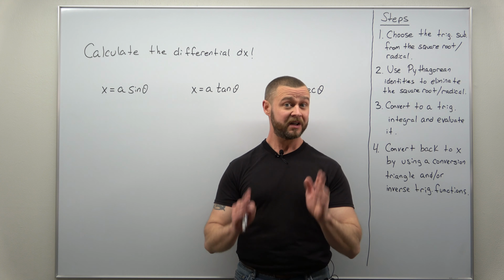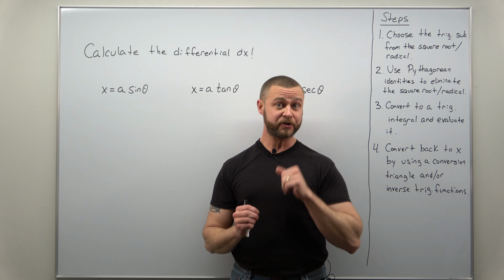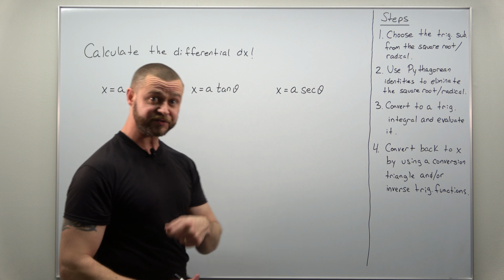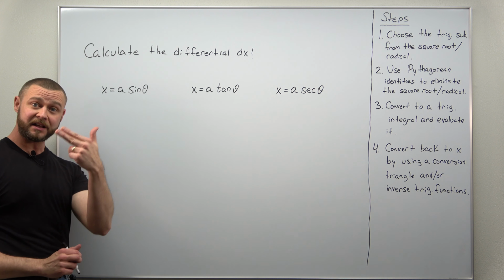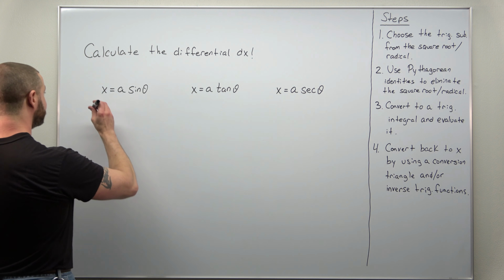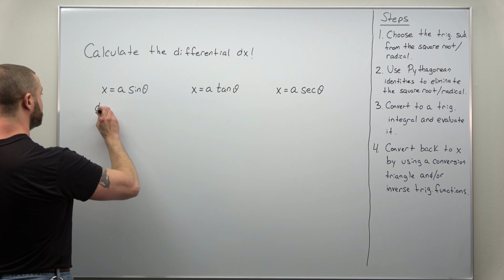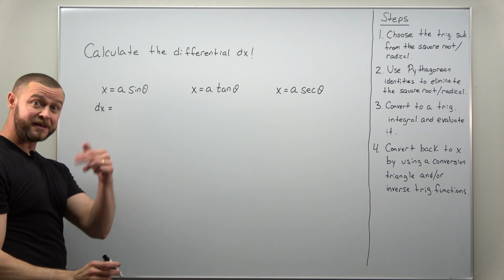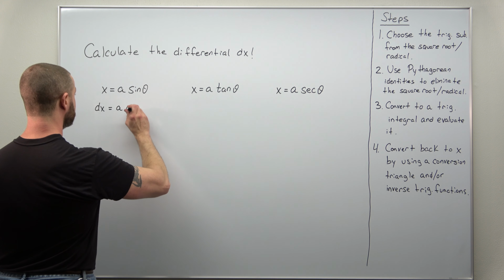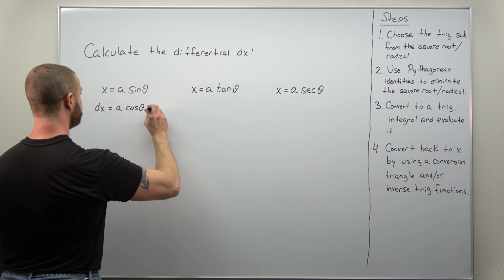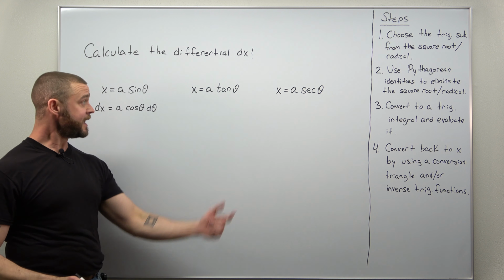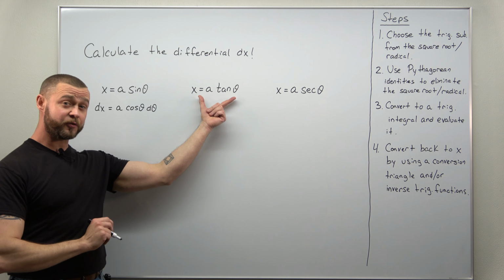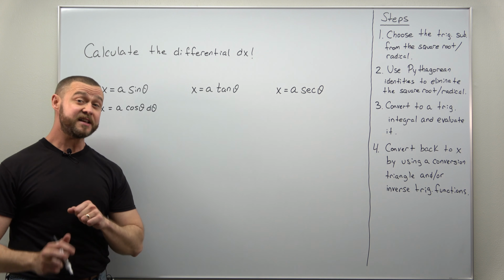The good news is you already know all of these trig derivatives. So let's go through the first substitution, a sine substitution. The derivative of sine is cosine, so we get our differential dx for this substitution to be a times cosine theta d theta.